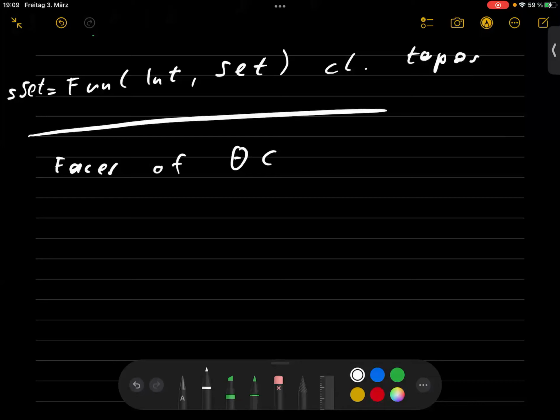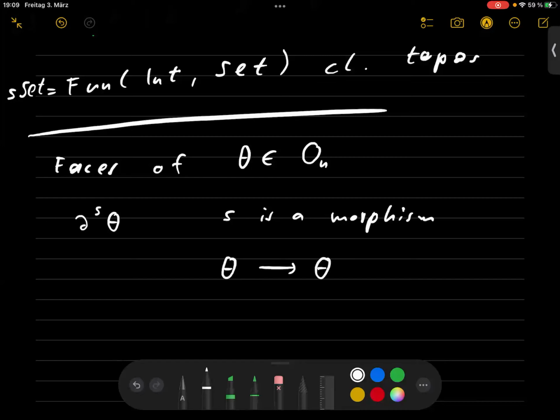This is an object in theta n. So let me draw a small theta here. And what would it be? This maybe one could draw as delta S theta, and S is some morphism of the corresponding trees, a morphism from theta to theta prime.